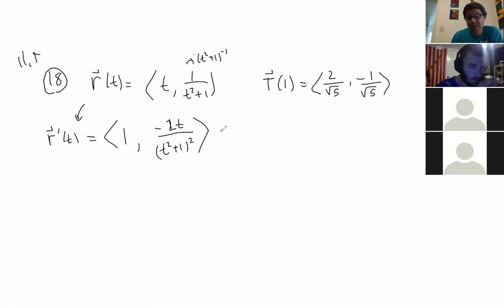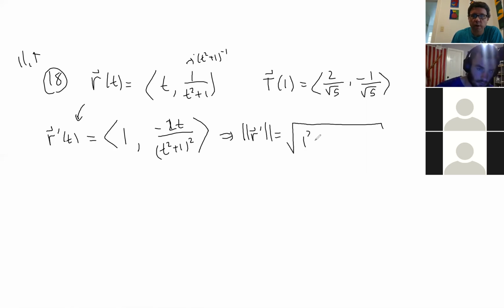Now we have to find the length of that. So the length of r prime is the square root of 1 squared plus this fraction, minus 2t over t squared plus 1 squared.